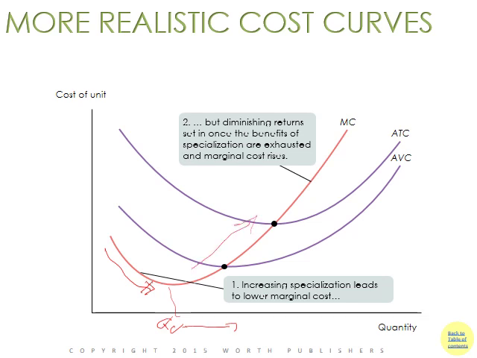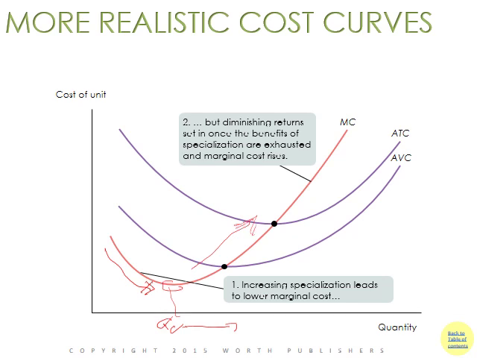And if you ask yourself, well, what causes this? You know that your cost structure is derived from the production relationship that's involved. And in this particular production relationship, initially you have increasing marginal productivity of your inputs, and that's why marginal cost decreases at first. But then beyond some point, you have diminishing marginal productivity of your inputs, and marginal cost starts to go up.